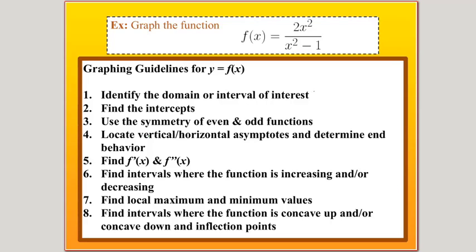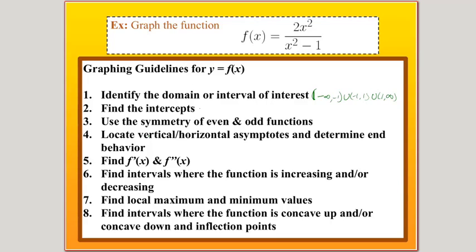So I can identify that pretty quick. So I want everything from negative infinity to negative 1 unioned with negative 1 to 1 union with 1 to infinity.